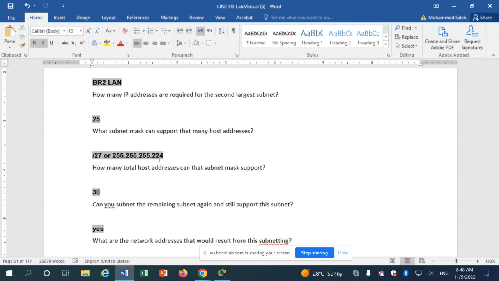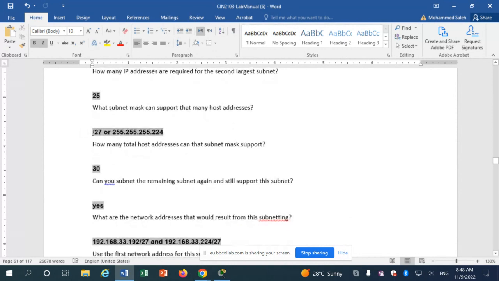So how many bits do I need? 1, 2, 3, 4, 5. I need 5 for the host, 3 for the network. So that is /27. Indeed, I need 3 for the network, 5 for the host.